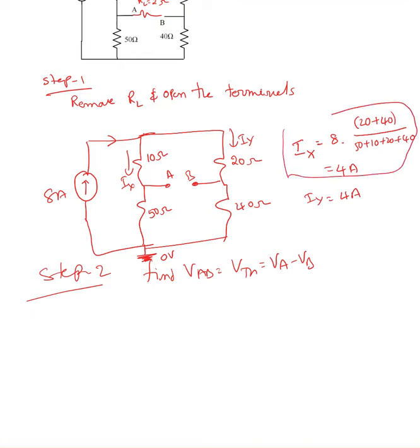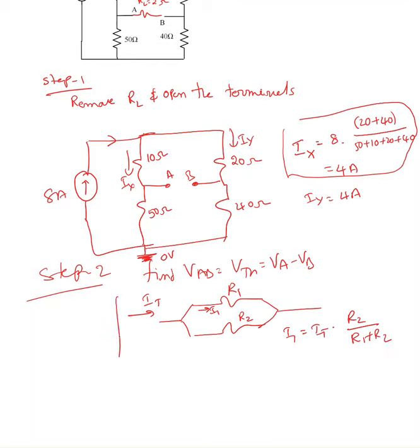Okay, current division rule. Let me write it down, so it's easy to understand. So you have 2 resistors. So current division rule is valid only for 2 branches. So in this branch I have 2 resistors, in this branch 2 resistors, doesn't matter since both of them are in series. Okay, so this is valid only for 2 branches. As long as I know I total, to find I1 equal to total current multiplied by opposite resistance over total resistance.